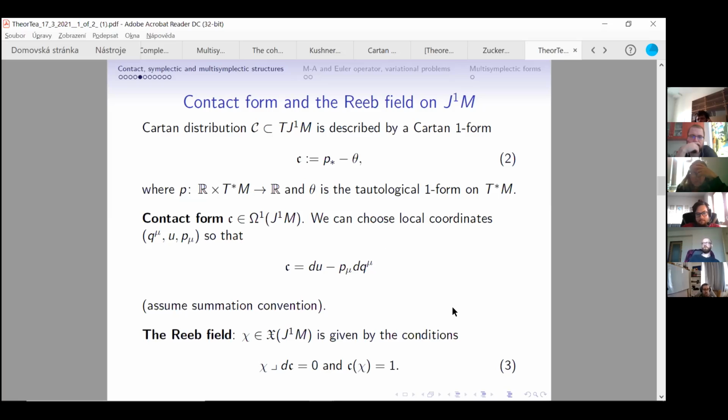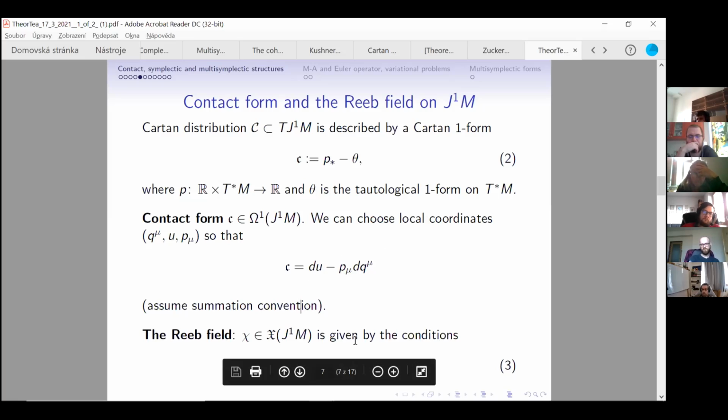So the contact distribution or Cartan distribution in the sense of J1M, yeah, this is the same thing, defines the notion of the Reeb field, which somehow describes how the distribution is living in the tangent bundle, right? And the Reeb field is given by the following conditions.